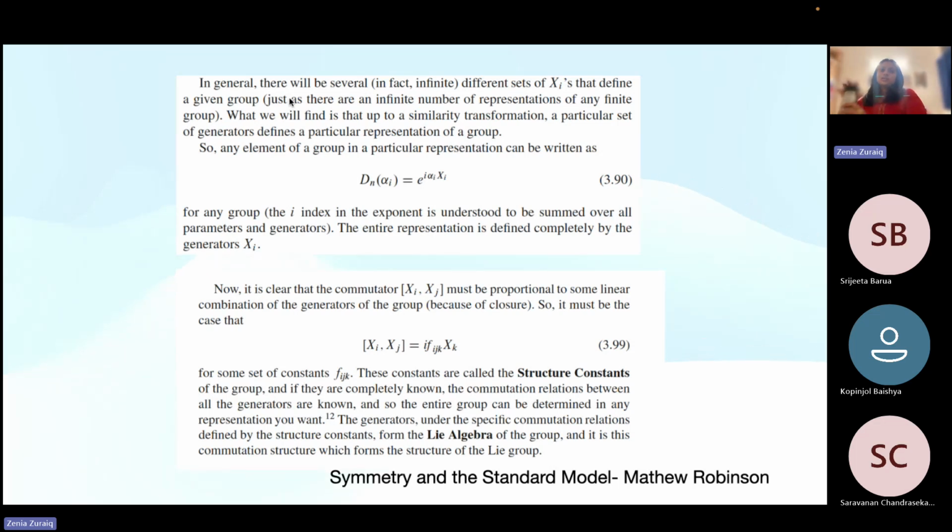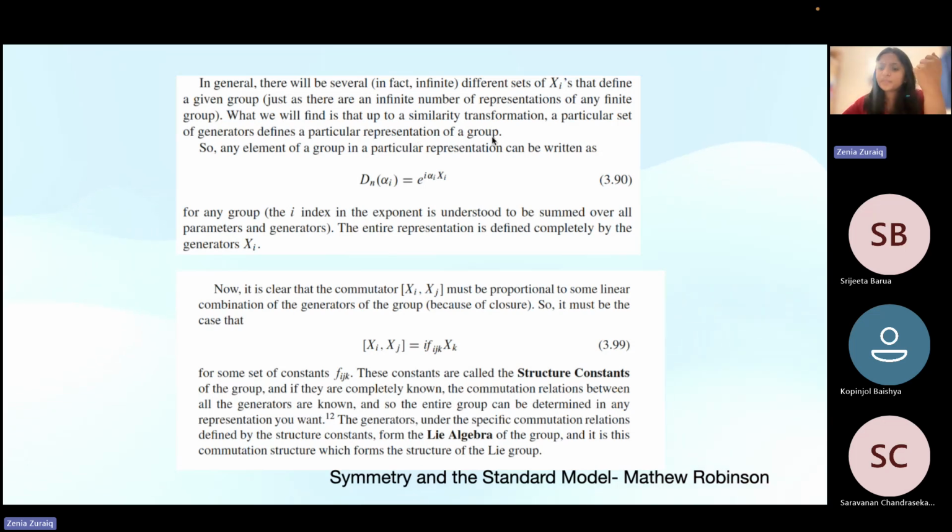In general, there will be several, in fact infinitely many, different X i that define a given group. This is similar to how there are an infinite number of representations of any finite group. What we will find is that, up to a similarity transformation, a particular set of generators defines a particular representation of a group.